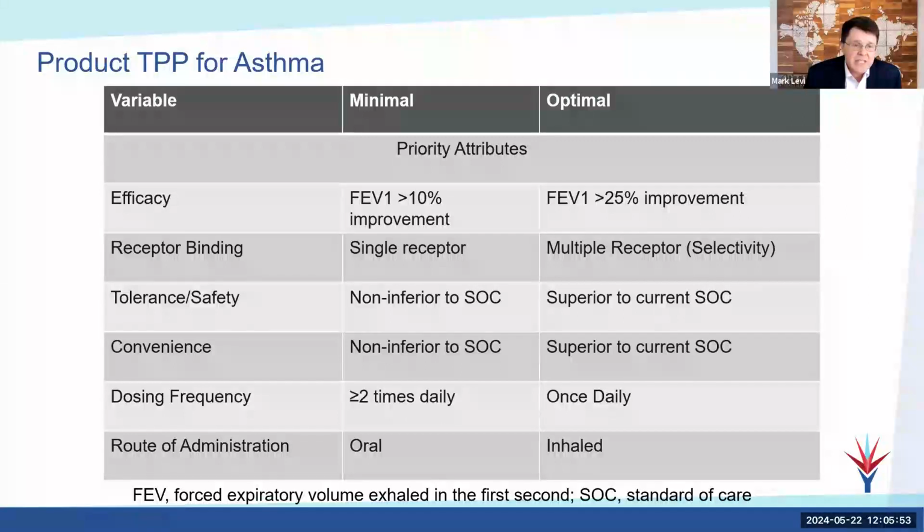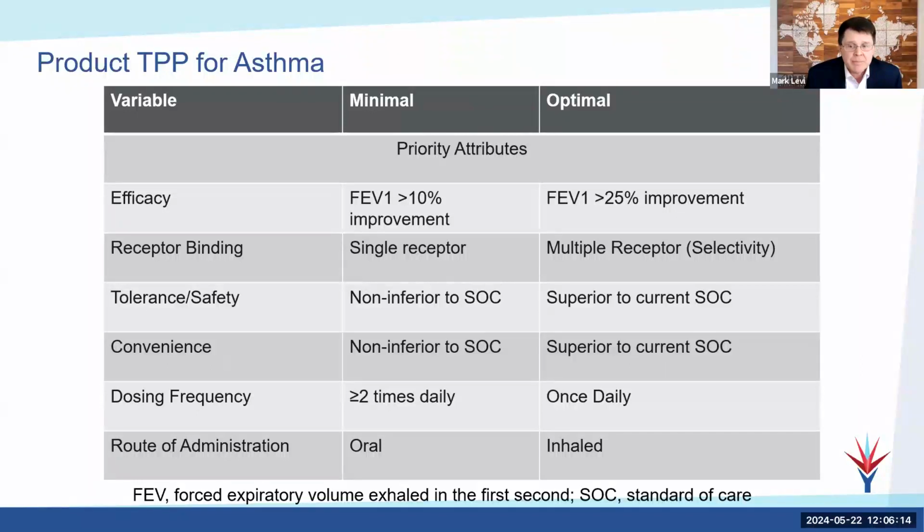Now, efficacy obviously won't be determined during the preclinical phase, but as a minimal effect, you would want the forced expiratory volume exhaled in the first second, you would want a greater than 10% improvement.